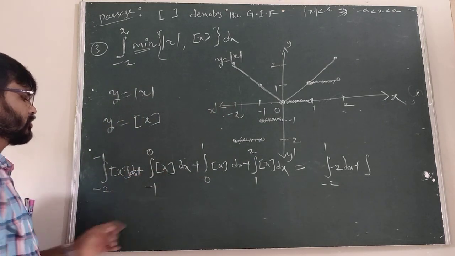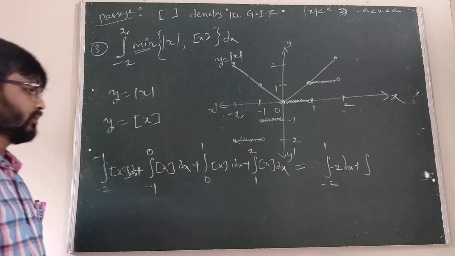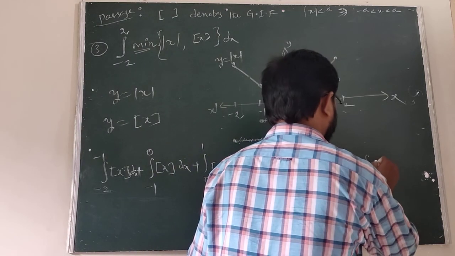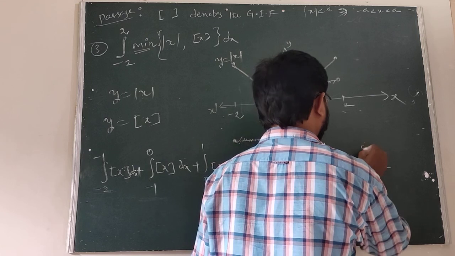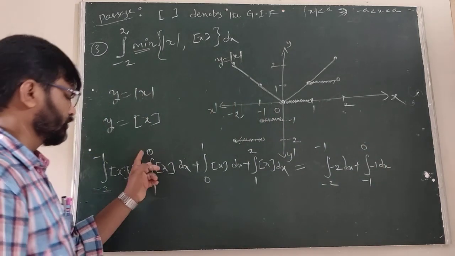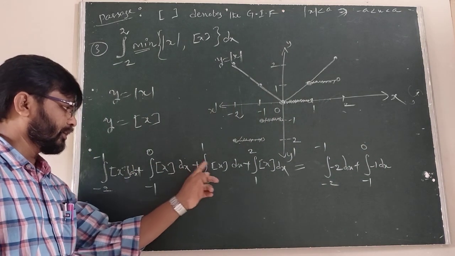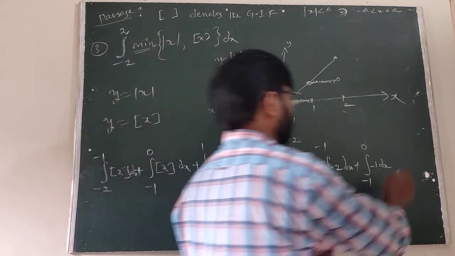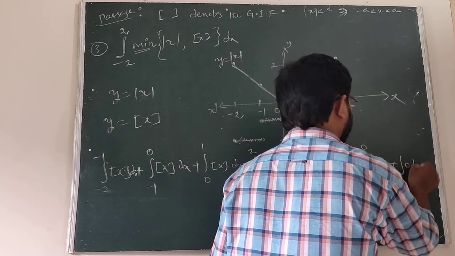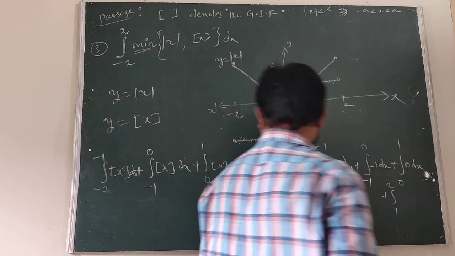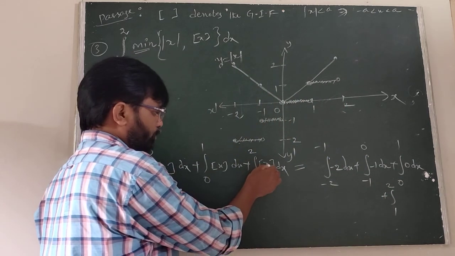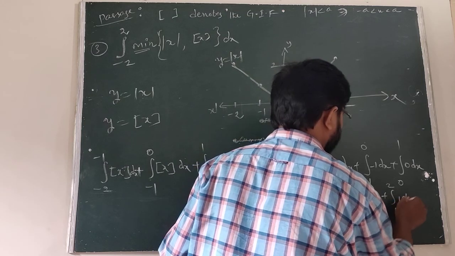If we take -0.5, this is -1. Therefore, -1 dx, this is from -1 to 0. Suppose 0 to 1, we take 0.5, it is 0. Therefore, the integral 0 dx from 0 to 1. Finally, 1 to 2, when we take 1.5 it is 1 dx.